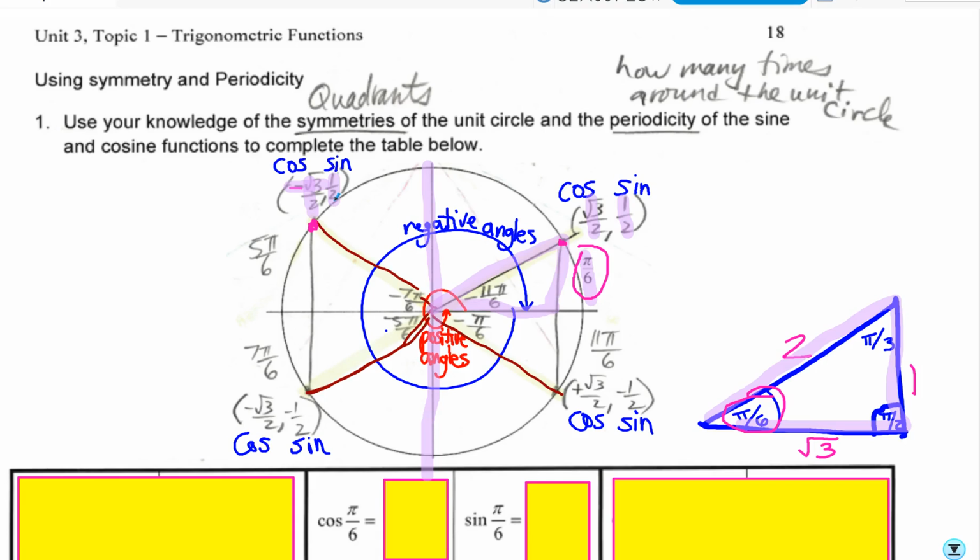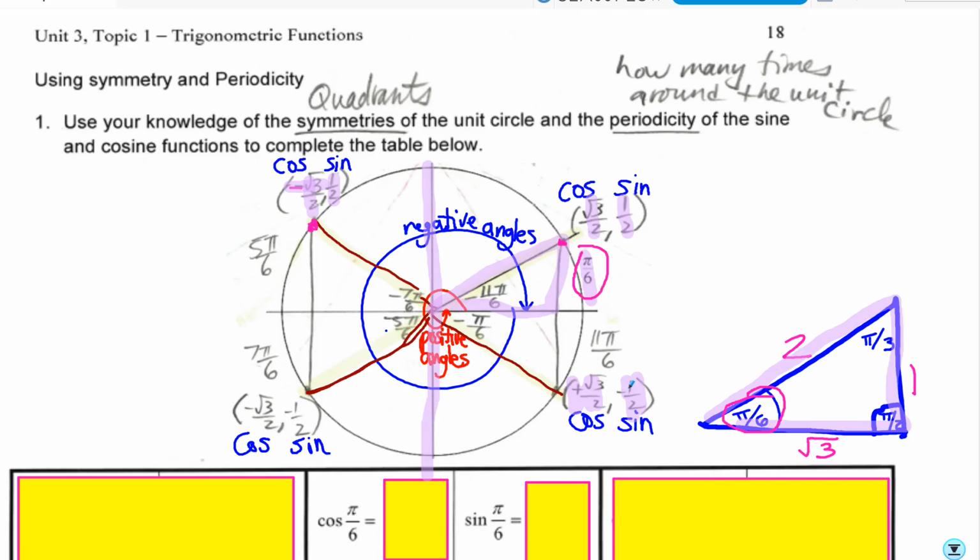It stays positive. If I reflect over the x-axis from the first quadrant, the x value stays positive. Cosine stays positive. But our y value, since it's now below the x-axis, that's negative.